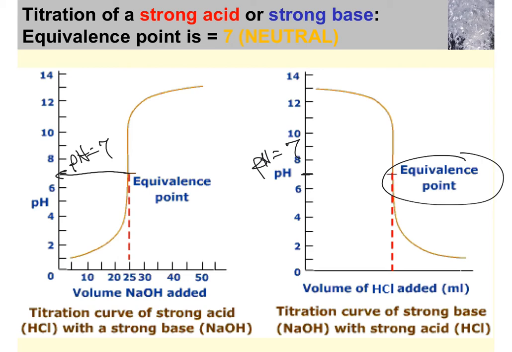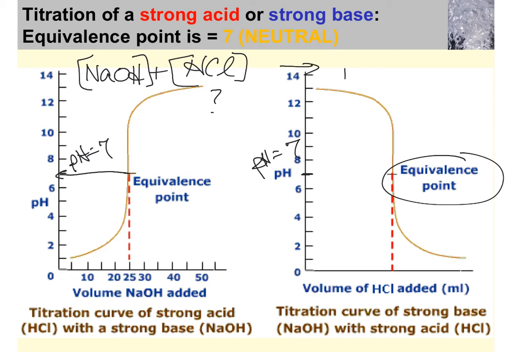So let's imagine that we had a solution of hydrochloric acid and we didn't know its concentration. And so we decided to do a titration, let's say with NaOH, and that has a known concentration. So we know the products from the reaction of a strong acid and strong base.